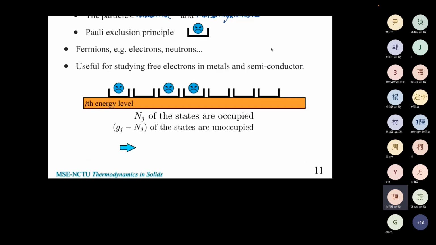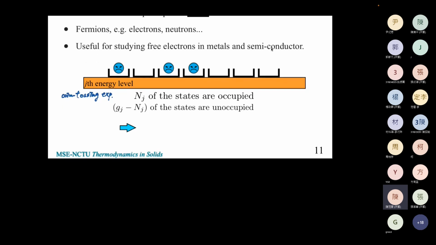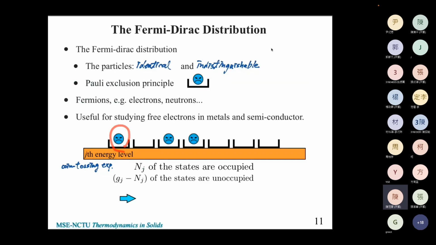Why? Because it's just like a coin tossing experiment, with head and tail. You can imagine that this is head, this is tail, head, tail.